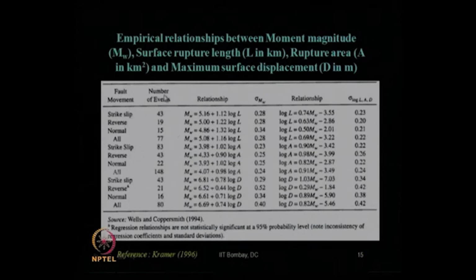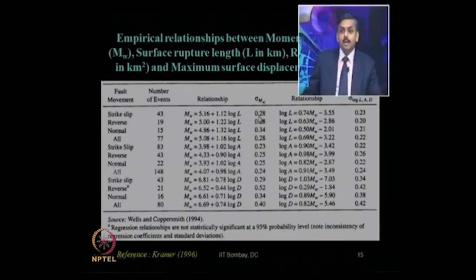They have also mentioned how many events they considered to propose that semi empirical relationship. So, for strike slip fault, 43 events to propose this MW versus rupture length relationship. What is the sigma MW? That is nothing but the standard deviation which occurs for all the 43 points with respect to this proposed relation, right.